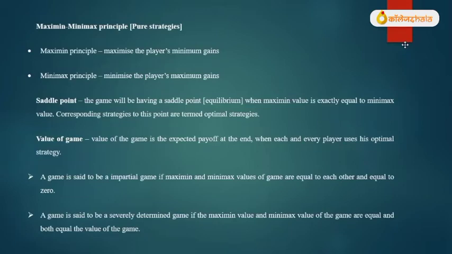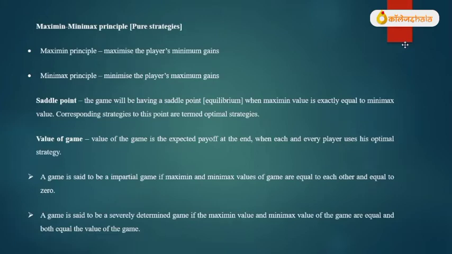When the maximin value is exactly equal to the minimax value, we can say the game has an equilibrium, a saddle point. The corresponding strategies to this point are termed optimal strategies, because if the game has a saddle point, an equilibrium point, then we can say it is an optimal strategy.